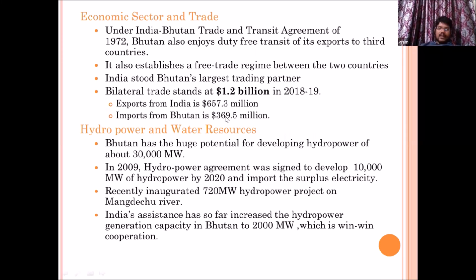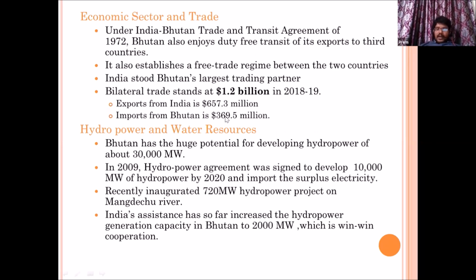It doesn't have any big agriculture because agriculture can't be practiced on hills. So there is no other major economic source. That is why hydroelectric power is the major source. India and Bhutan agreed that there is a potential of generating about 30,000 megawatts by constructing projects.